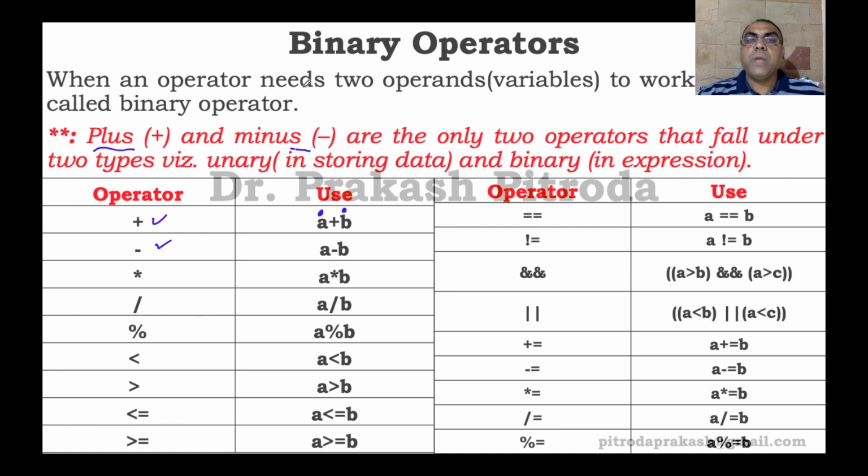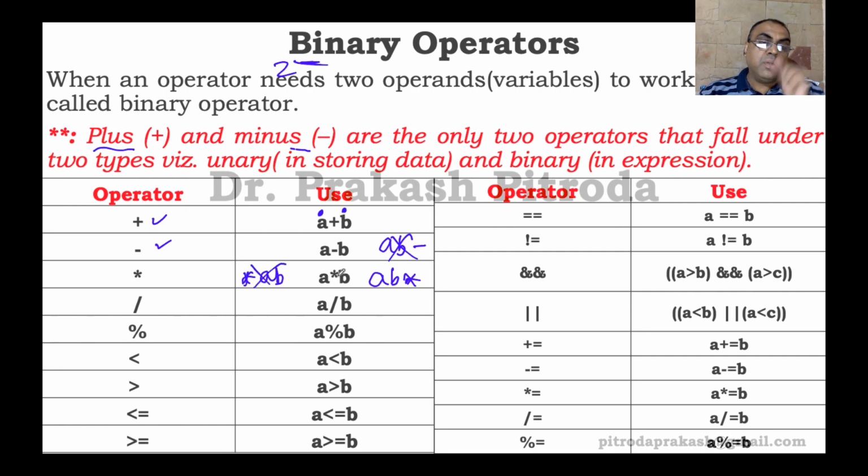Bi, in Greek, bi means two. So they all need two values to work upon when you are putting them in an expression. Assuming a and b are two integers, then a minus b or a plus b. I cannot say a b minus, not allowed. I cannot say a b asterisk or asterisk a b, not allowed.